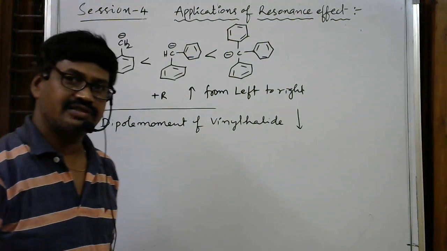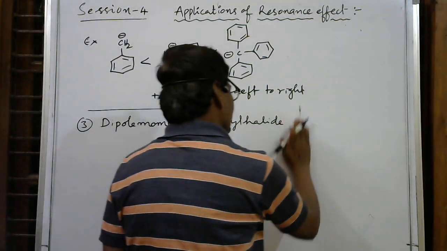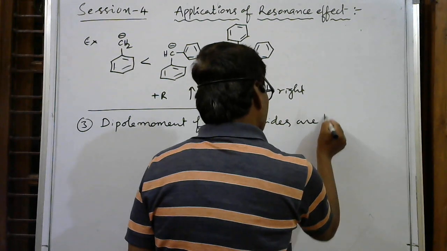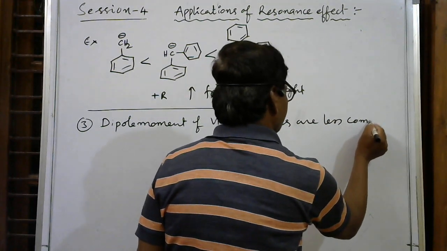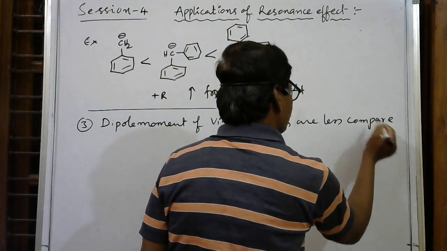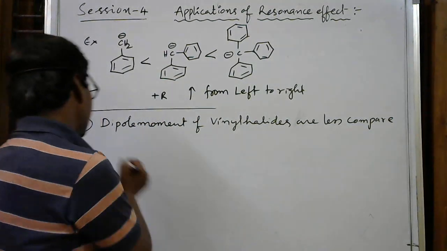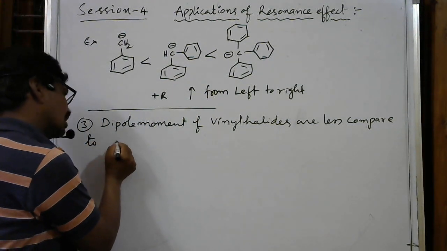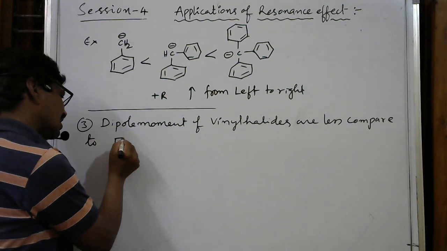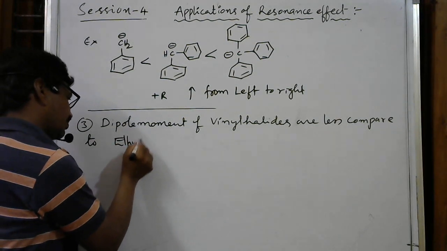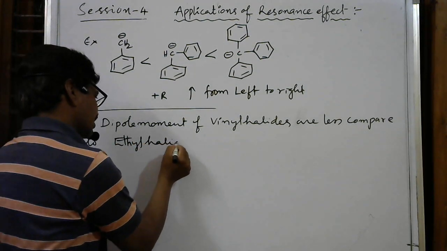Vinyl halides have a lower dipole moment compared to alkyl halides, otherwise ethyl halide, and comparison questions may be given even in the NEET examination. Why?